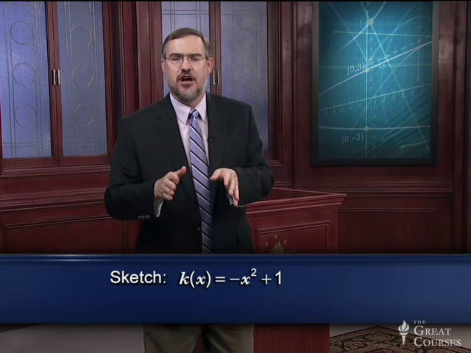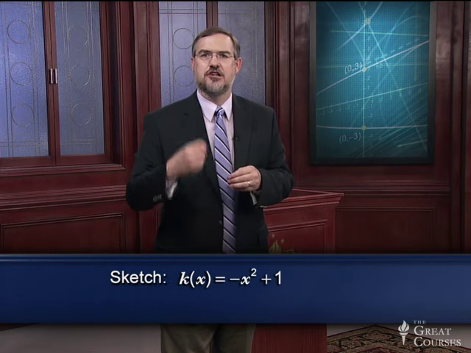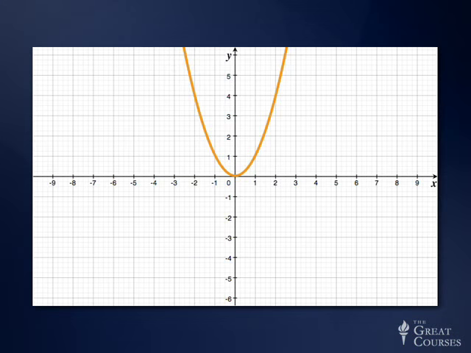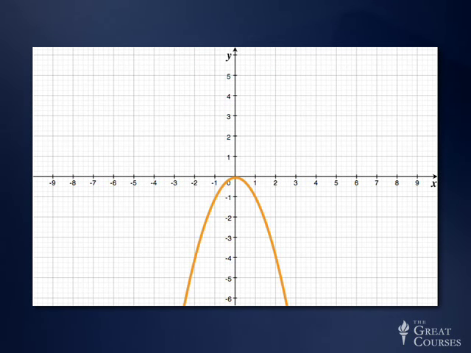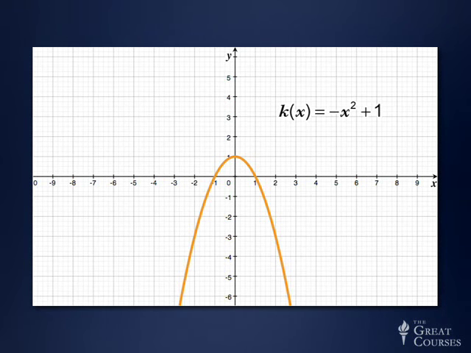So, in a nutshell, to get to the graph of negative x squared plus 1, I'm going to start with the graph of x squared. I'm going to flip it across the x-axis so that it's now upside down, if you want to think of it that way. And then I'm going to shift that graph up 1 unit. And once I've done those 2 steps in that order, the graph will then look something like this, where the legs now, or the ends of the graph, are now going down.